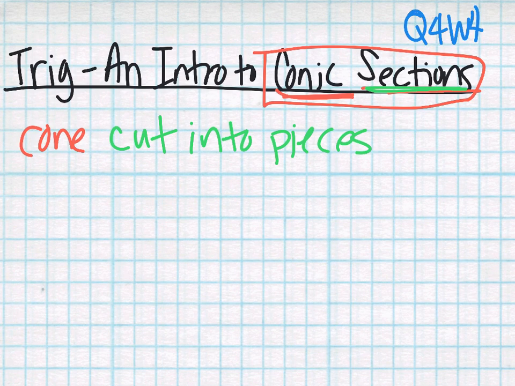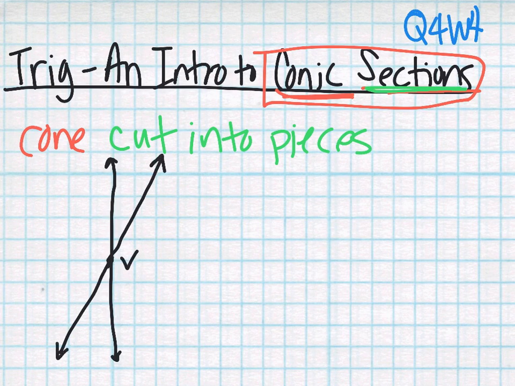So the way we create a cone is kind of like this. Let's imagine we have two non-perpendicular, non-parallel lines that intersect at a point V. So if I've got this line right here, and then another line that's going to intersect through this point, but it's not perpendicular or parallel, this point V. If we fix one of these lines, we're going to fix this line right here and call this the axis.